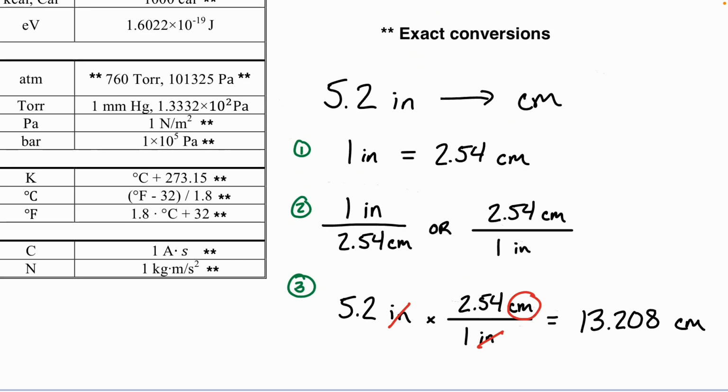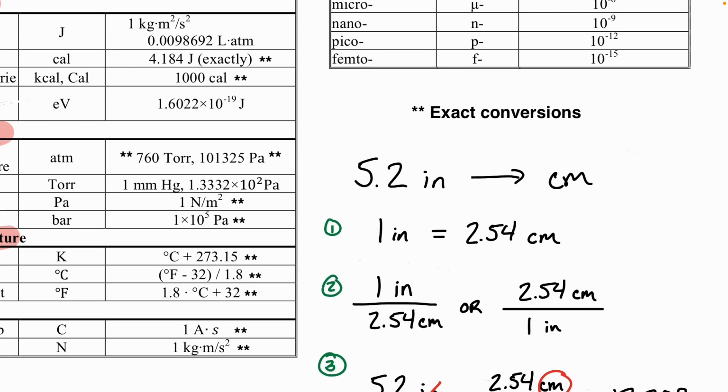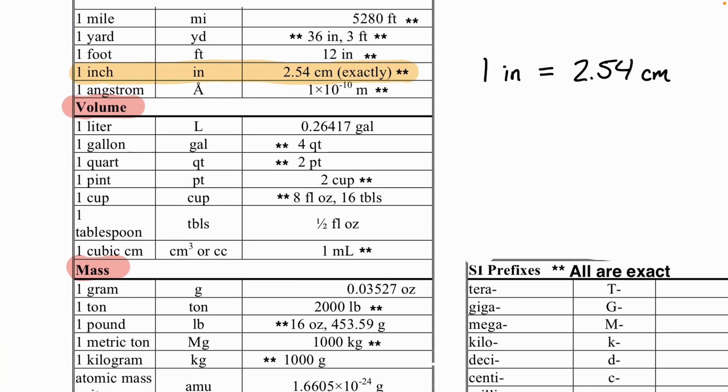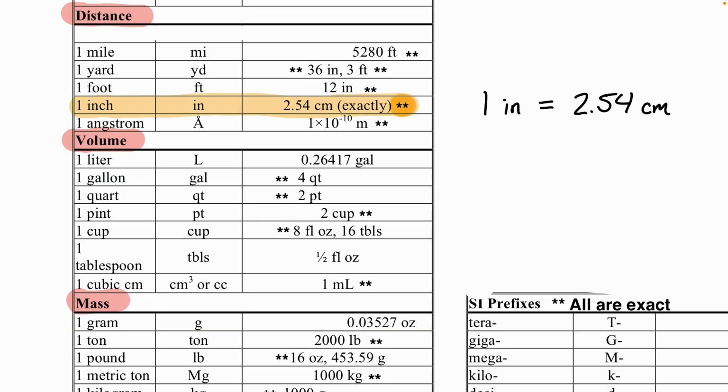Sig figs. Okay? So, last thing that we want to note about this table is that every one of these conversions that has this double asterisk next to it is also considered to be an exact conversion, so a definition. All right? If we look here, we got those double asterisks here. An inch is defined as 2.54 centimeters. Right?